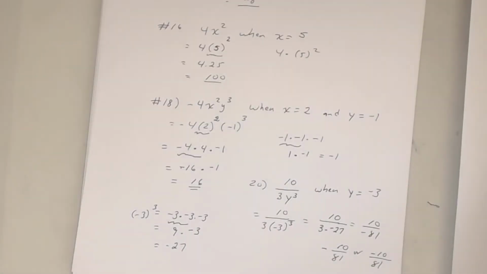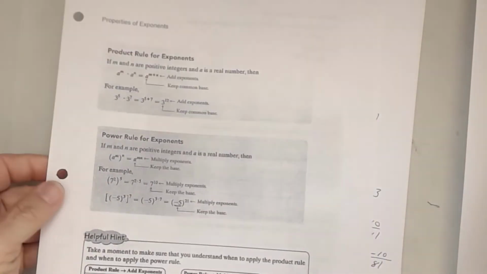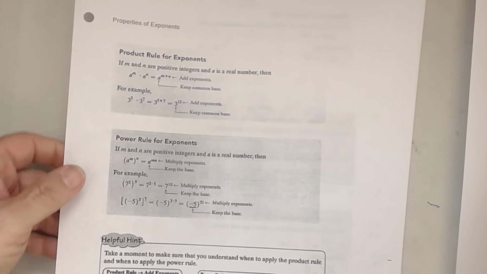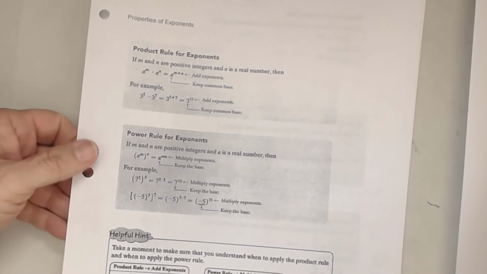All right. Now, you picked up, if you haven't, you need to get this, a sheet that has properties of exponents. It looks like this. Properties of exponents. Okay? All right, so we're going to start talking about properties of exponents.